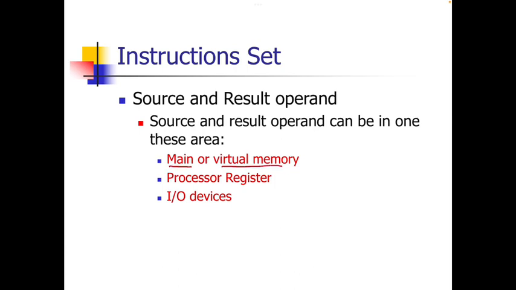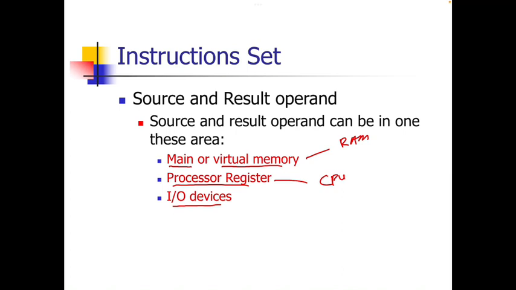They can also come from processor registers, and also from I/O input-output devices. For example, main memory means RAM. I believe all of you know about RAM. Processor register, we just discussed this: the registers in our CPU.